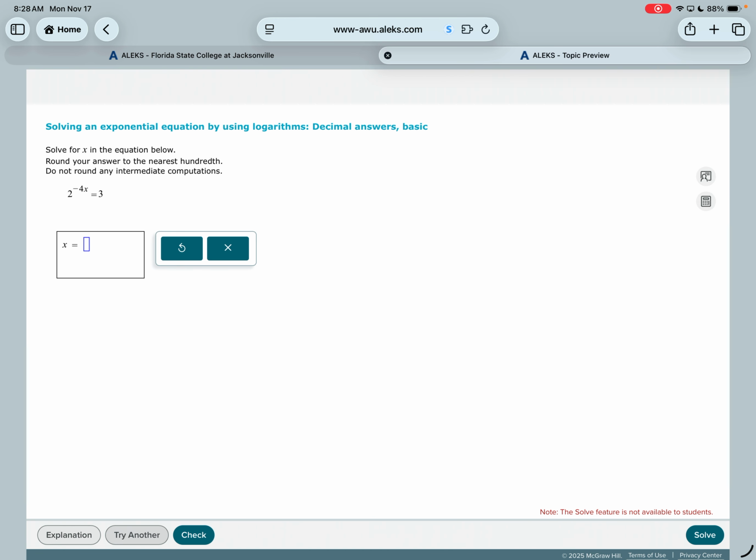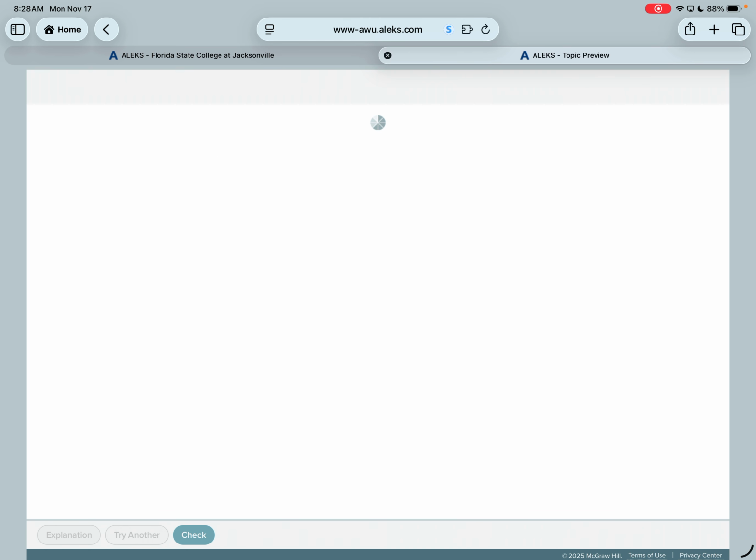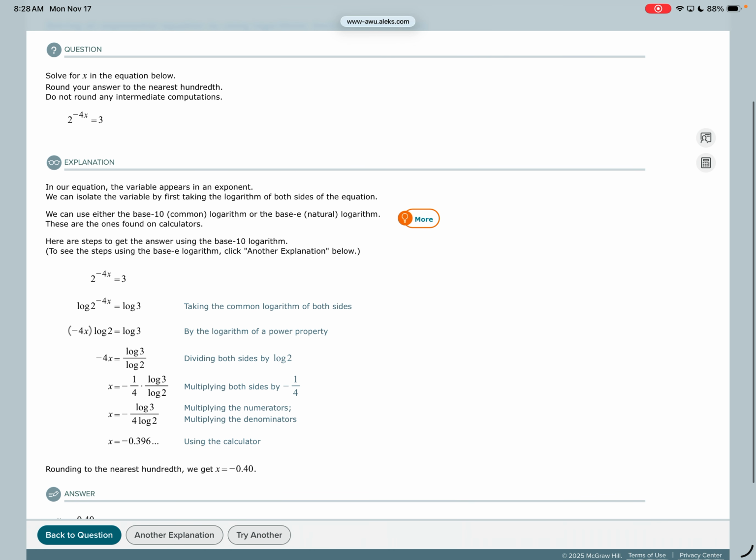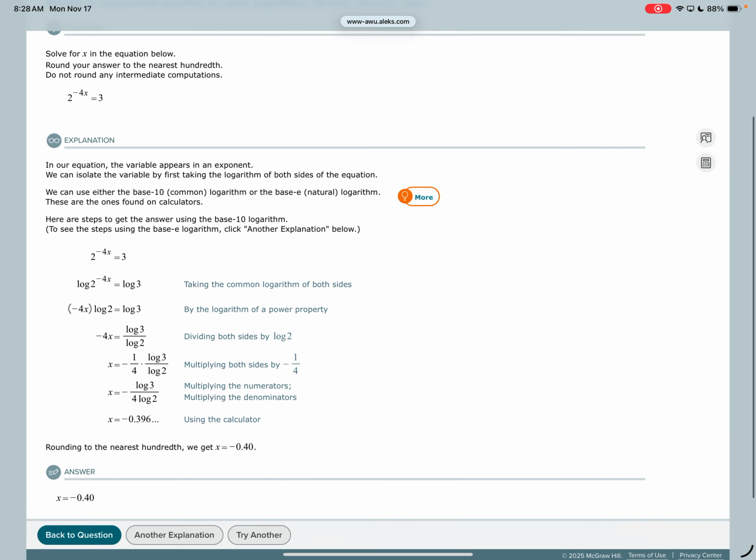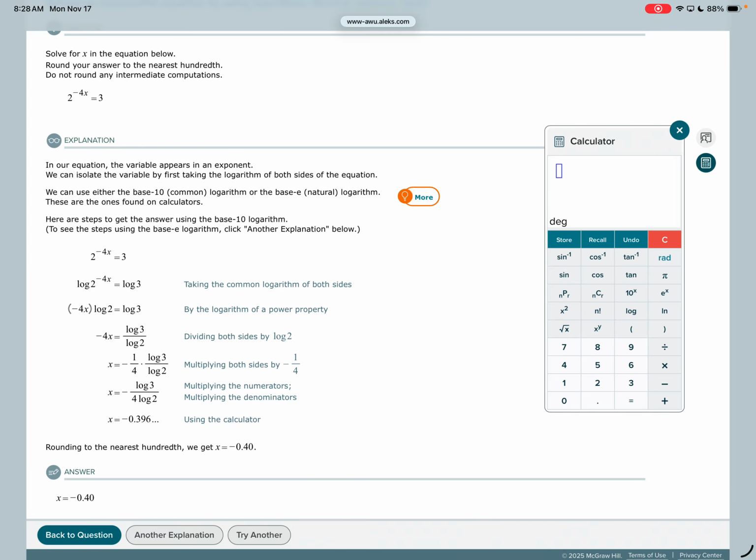Oh, no. 2 to the negative 4x equals 3. Sorry, I just got to check one thing real quick. I don't really know why these are different topics, because I would just do them the same way every time. Trying to make things easier for you here.